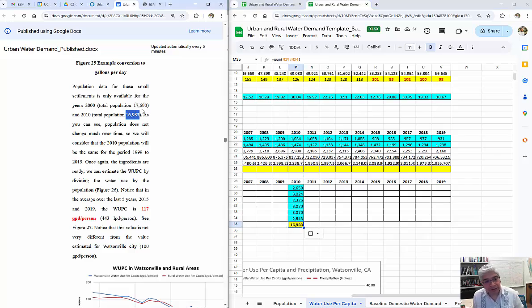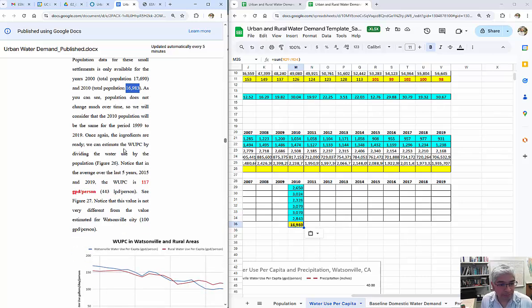So as you can see, the rural population hasn't changed. It's 1,000 more or less, give or take. So what we're going to do is use the population of 2020 to calculate the water use per capita.